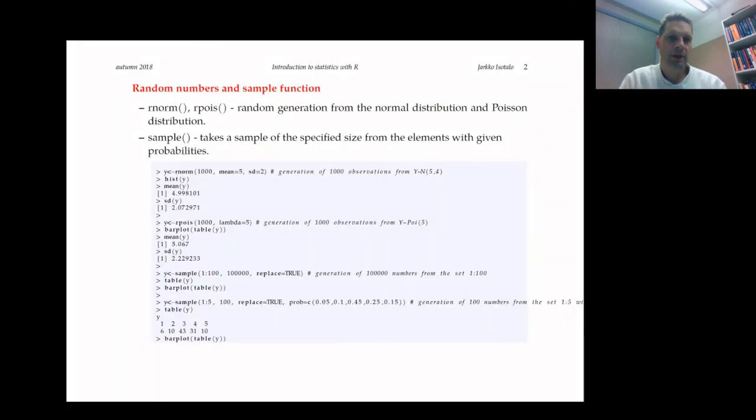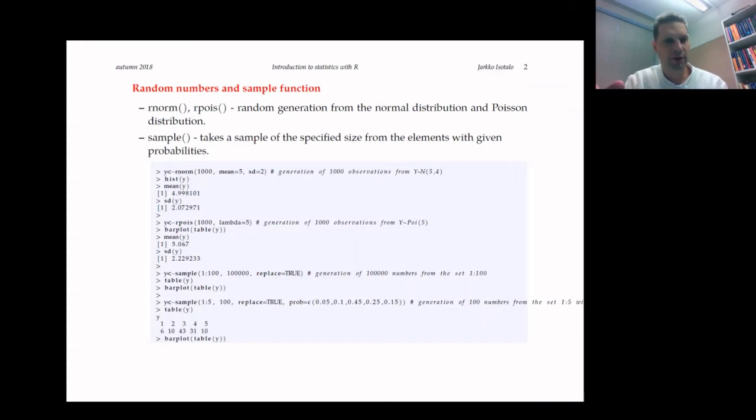So if we continue with this distribution, then closely related to this distribution is random number generation, and closely related to random number generation is the sample function. I should now mention that I just took the normal distribution and Poisson distribution as an example in these slides.